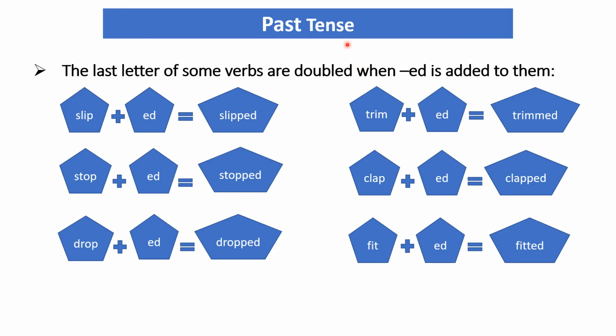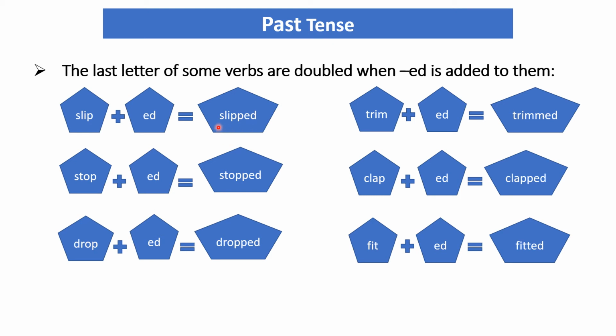Here again we learn how to form the past tense. Now here this is the second rule that is implemented here. As you can see, when we add ed to the word slip, the last letter of this word doubles here.